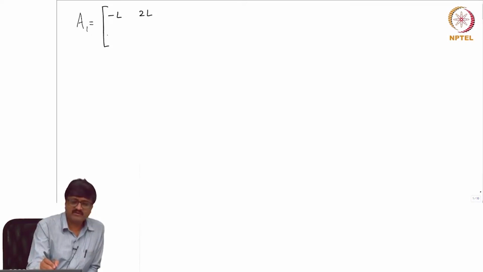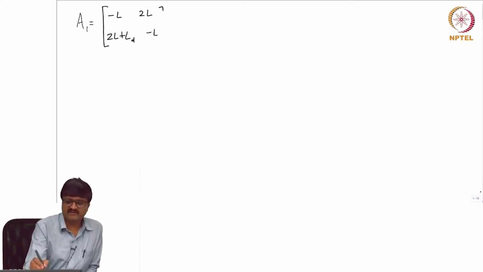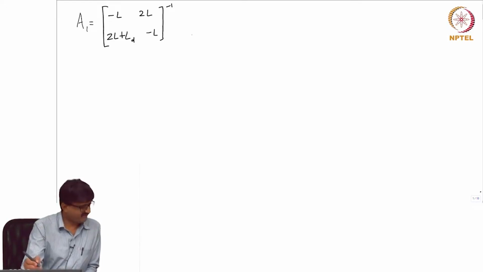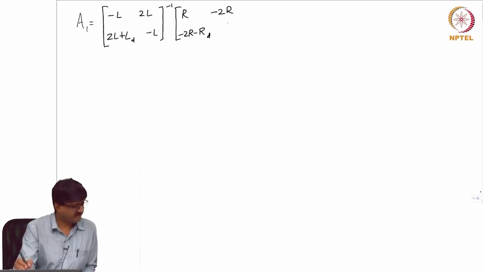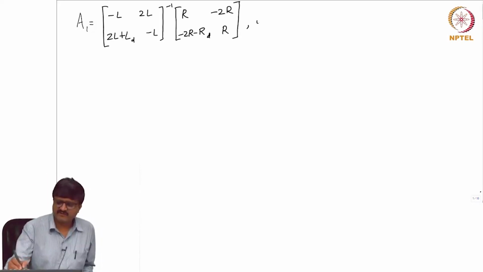A1 is minus L, 2L plus LD, minus L, inverse, into R, minus 2R, minus 2R minus RD, R. So, this is A1. Is this okay?